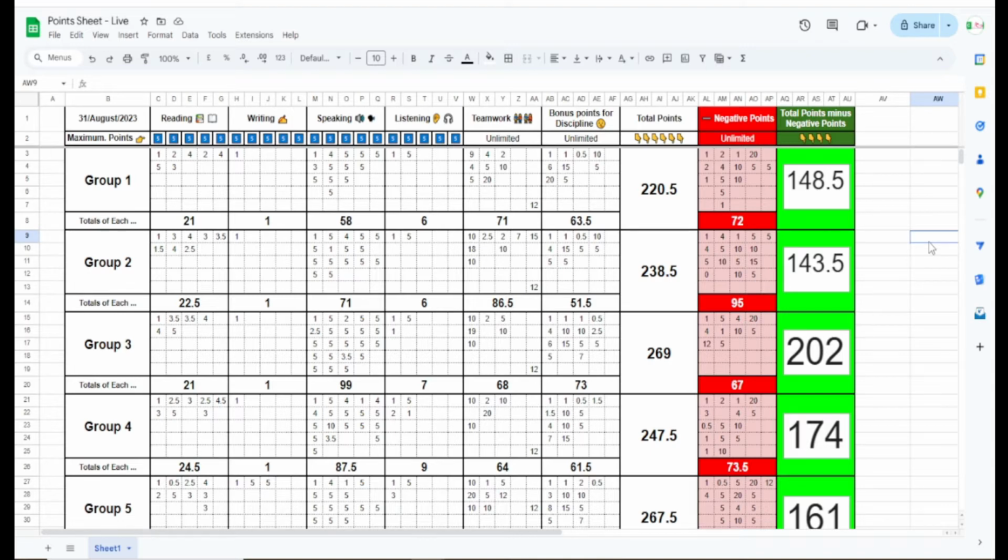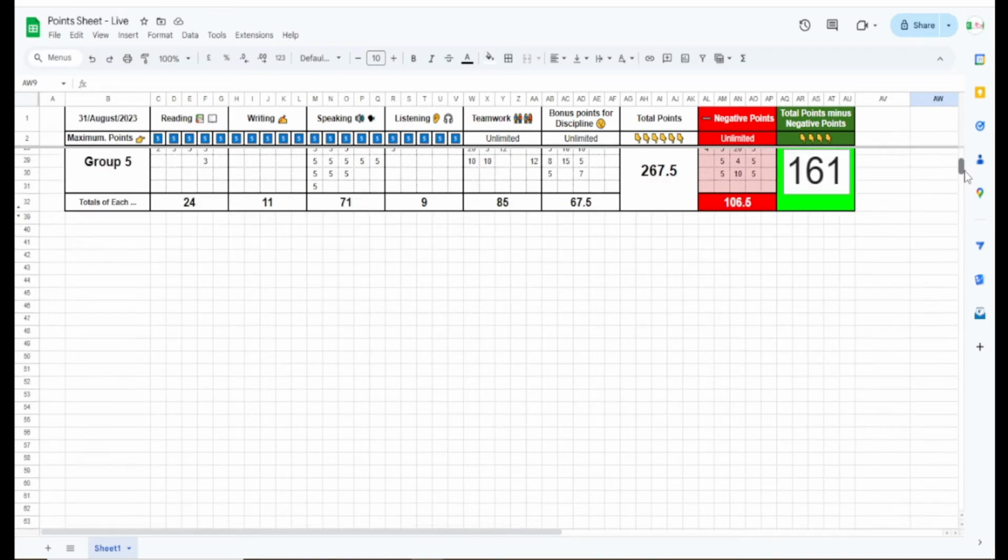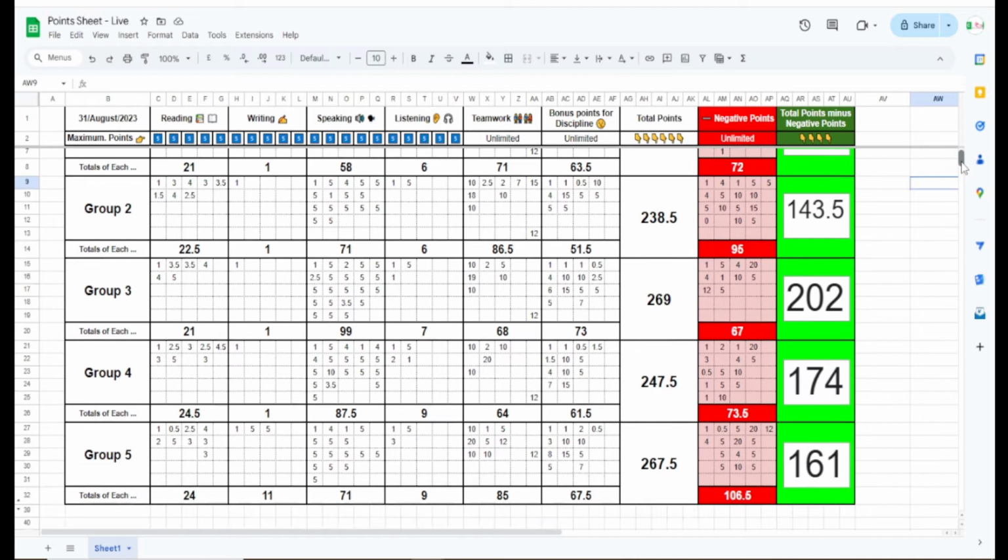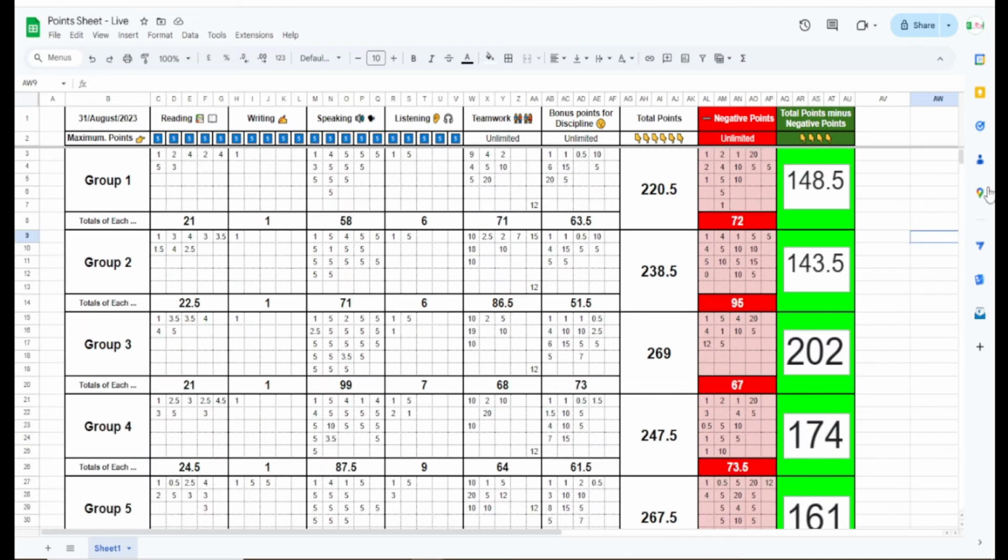Basically, I have divided the whole class of children into different groups. Here I have 5 groups, as you can see. I have made them into 5 groups.